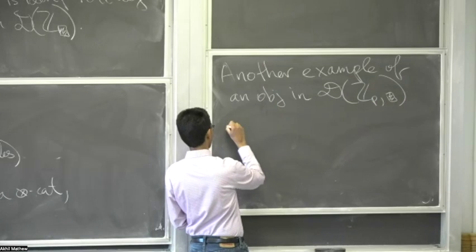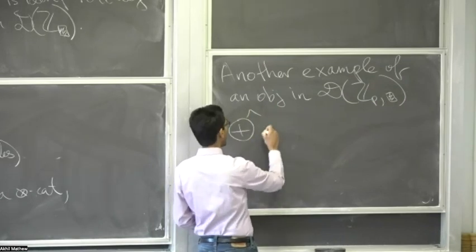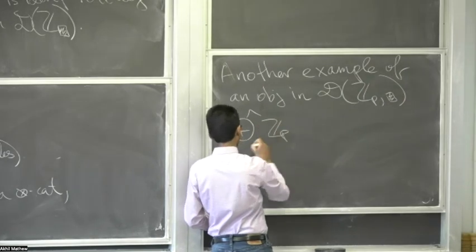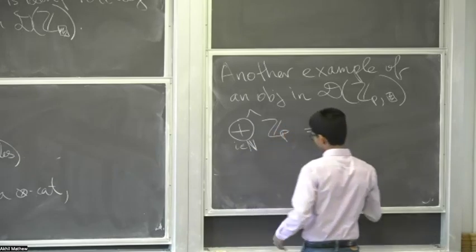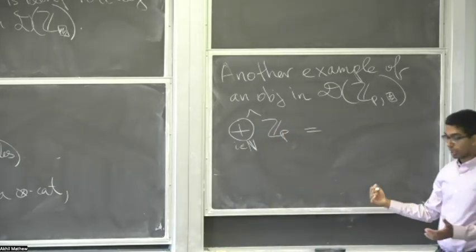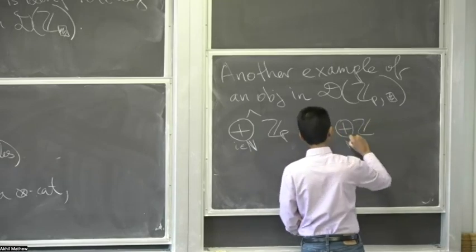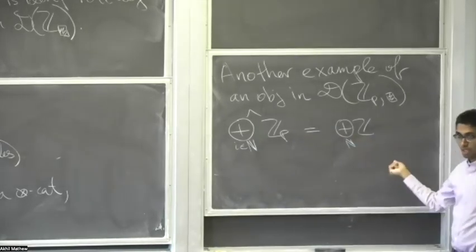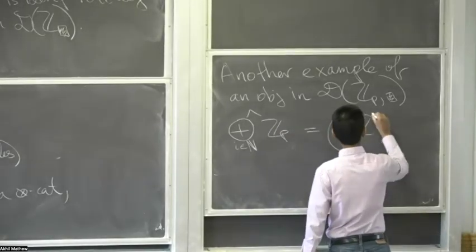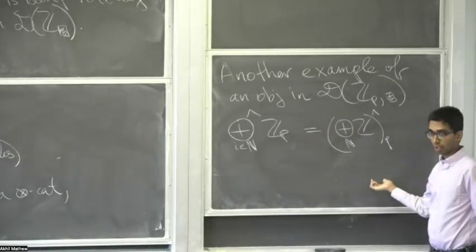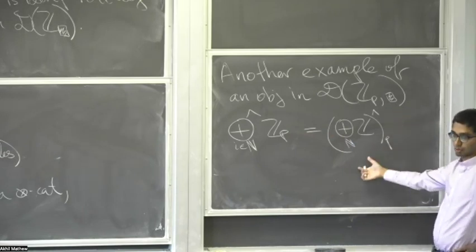Take the completed direct sum of copies of Z. Explicitly we could think about this as taking a countable direct sum, indexed by the natural numbers, of copies of the integers. That's just a discrete object. And then take the p-completion, in solid integers. So this gives an object, and it's an inverse limit as modules.